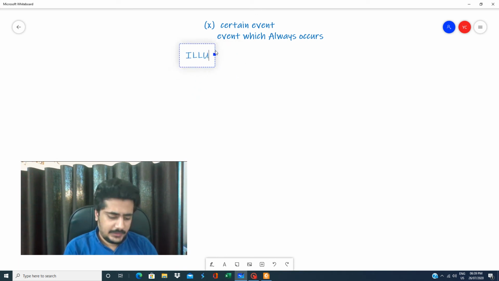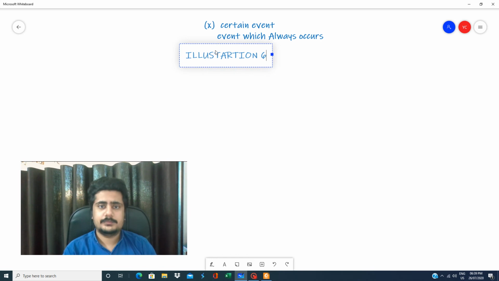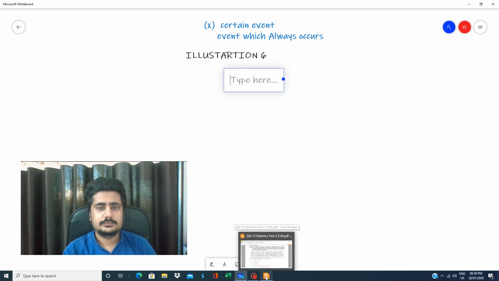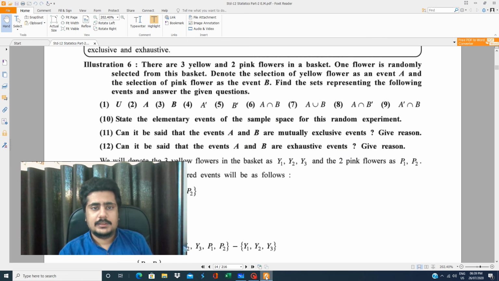Let me give the heading illustration number 6. So there are 3 yellow and 2 pink flowers. One flower is selected.